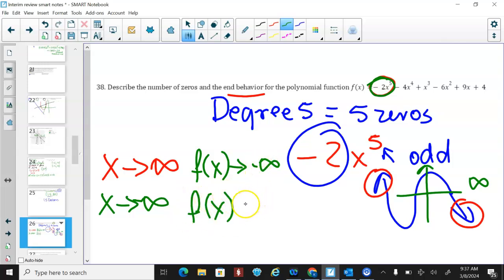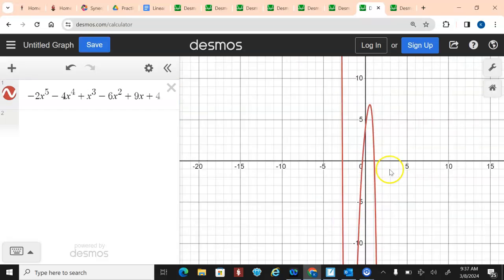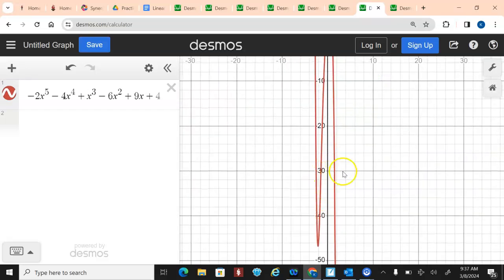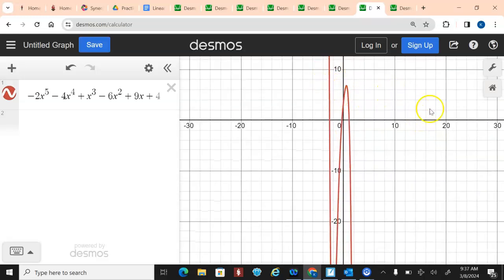These two have to be opposite. Okay. Now again, I would highly recommend graphing it to confirm your theory. So if you're looking at it, you can see that the right end goes down as the leading coefficient says. The other end goes up. On the right side here, our function goes down. On the left side, our function travels up. Okay.